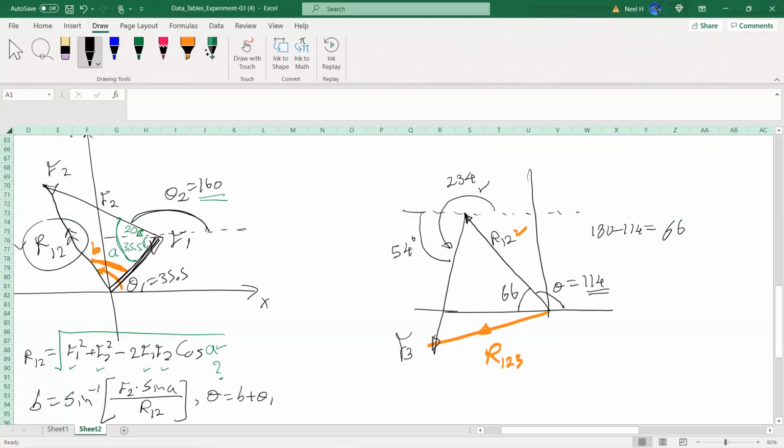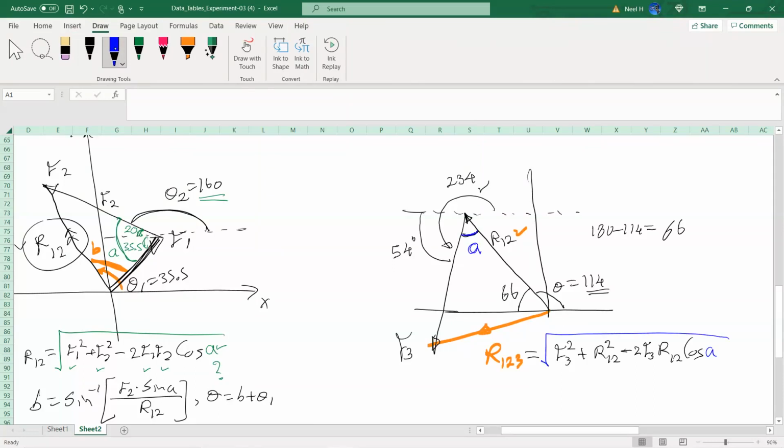So I can write the magnitude of R123 squared is equal to F3 squared plus R of 1, 2 squared minus 2 times F3 times R of 1, 2 times cosine of the angle in front of R123. That is actually this part of the angle. We'll say that angle is A. I need to find that, okay? And then take the square root of that.